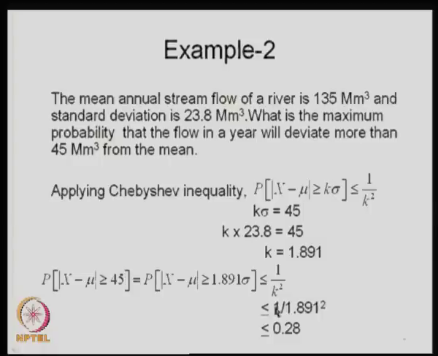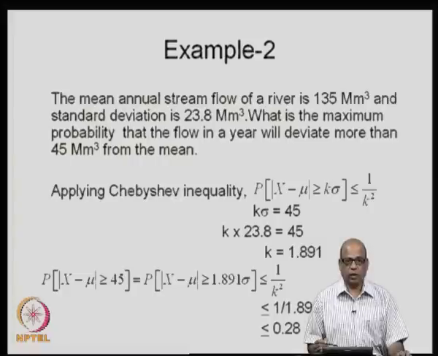So, this should be less than or equal to 1 by 1.891 square, which is less than or equal to 0.28, which means we are saying that the probability that the mean annual stream flow will deviate more than 45 million cubic meters from the mean is less than or equal to 0.28. This is the result that we obtained from the Chebyshev inequality.